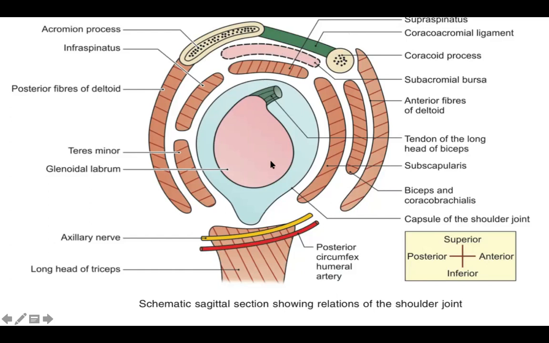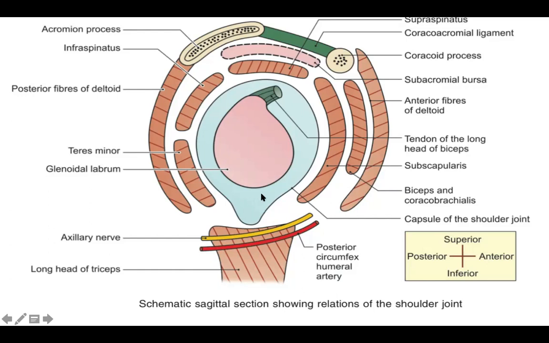Okay. If I come to ask you, what is the nerve that is related to the shoulder joint inferiorly, you will find the axillary nerve. The axillary nerve is related to the shoulder joint inferiorly.